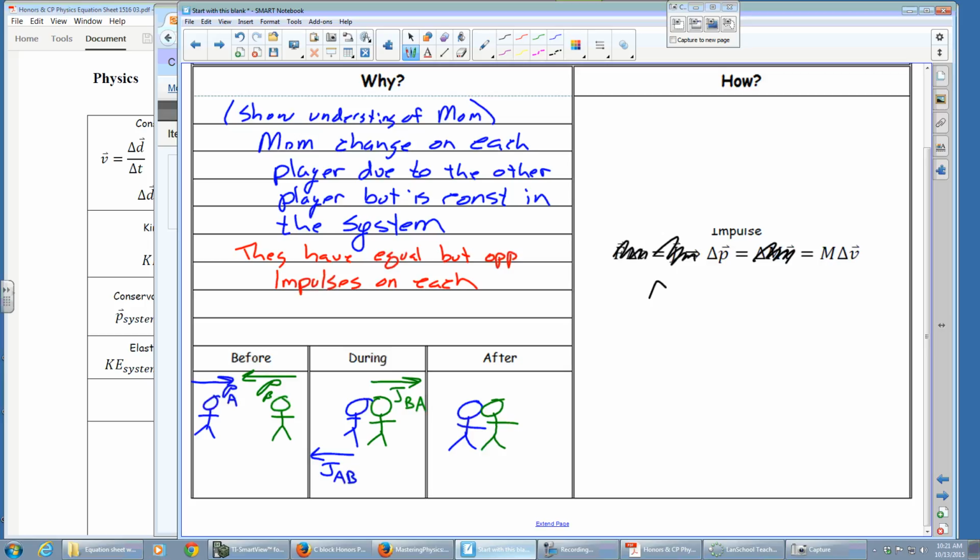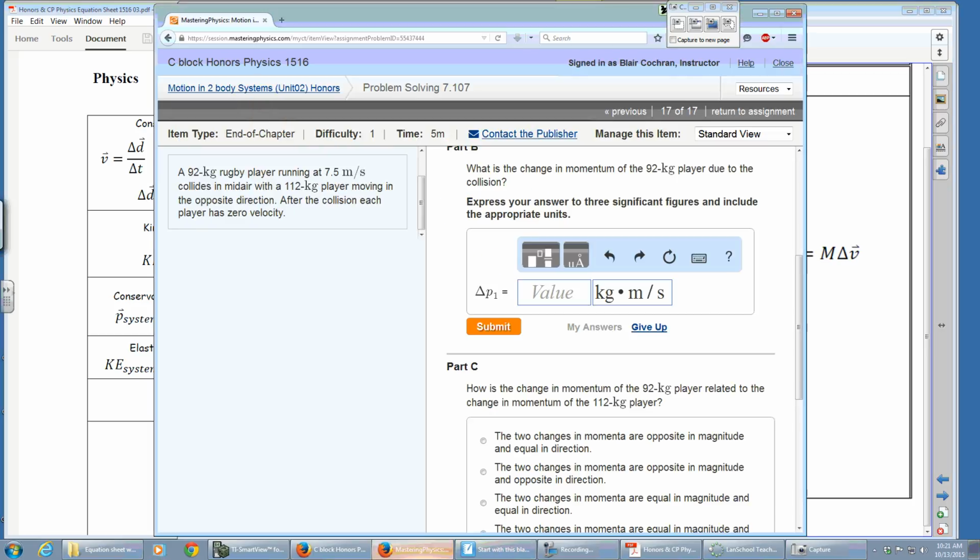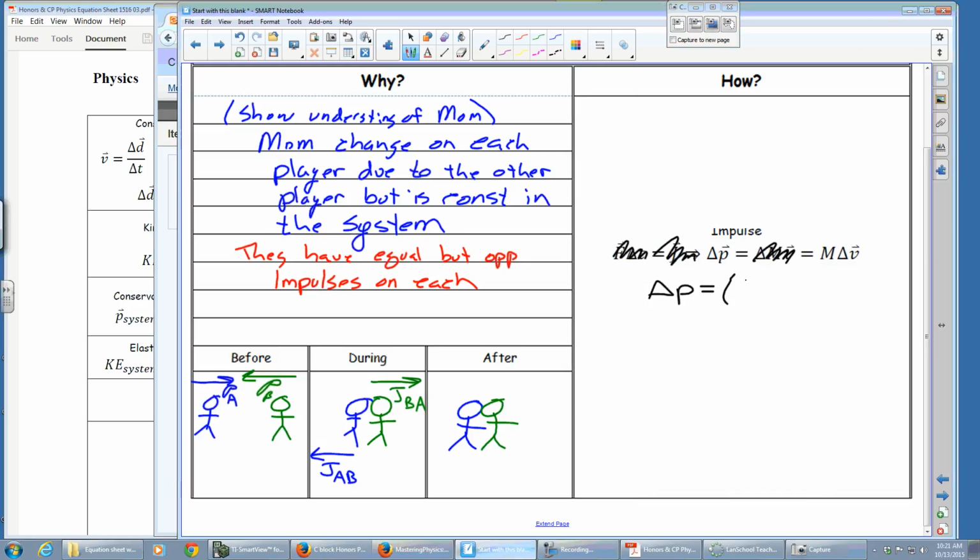So the change in momentum is the inertia, which was 92 kilograms, times the change in velocity. Well, the change in velocity is V final minus V initial. Where did I get 92 kilograms from?